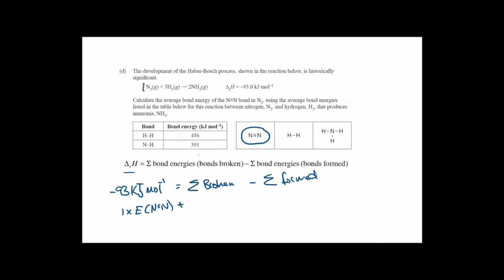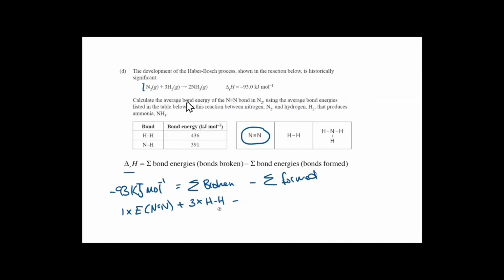There's going to be 3 of the H bond, which is that one there, minus now all of the bonds that are formed are just going to be 6 of these NH3 bonds, aren't they?